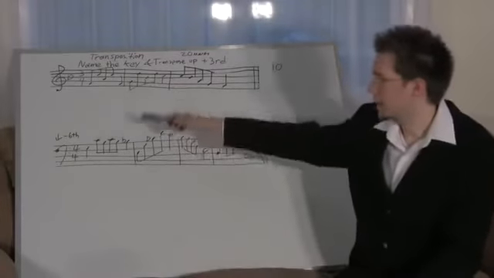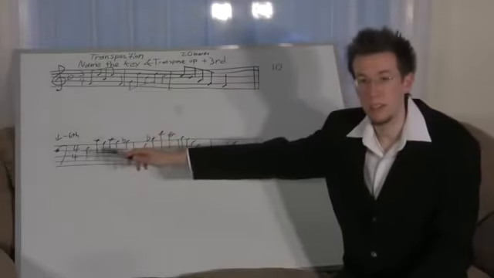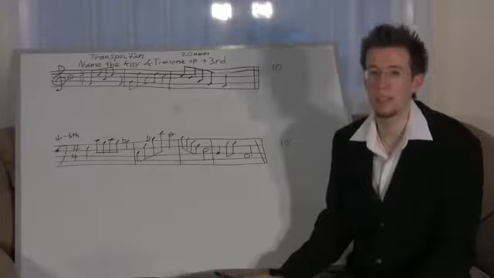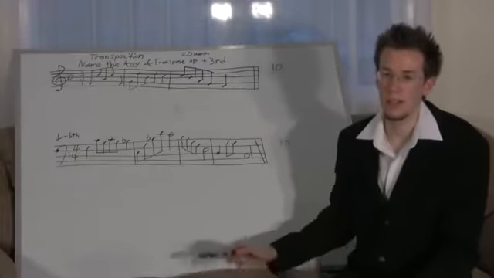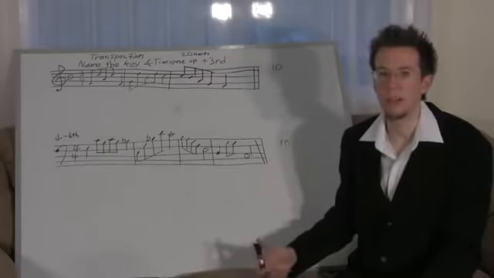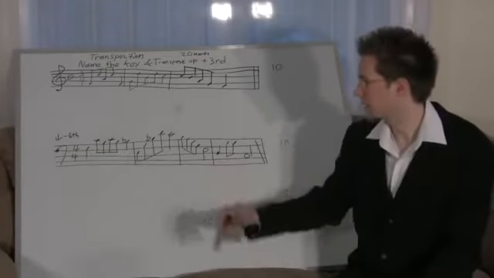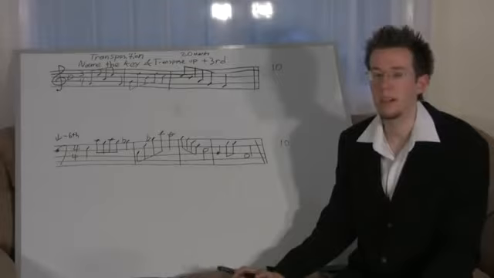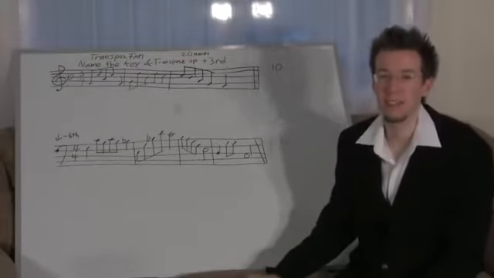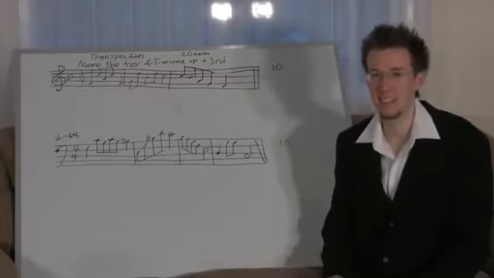So you're still going to name the key, because you always want to figure out what key it's in, and then transpose to whatever key you think it needs to go into. Then put the key signature that goes with that key, write out your melody, and watch out for accidentals. I have accidentals in the second one, so make sure that you do them properly. Alright, so good luck with this one. I'll see you in the next one.